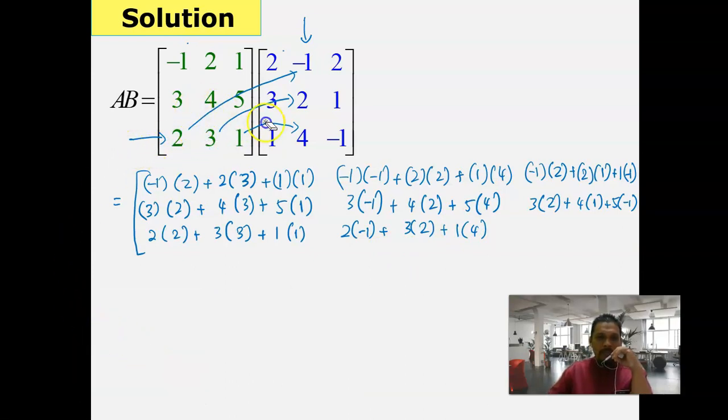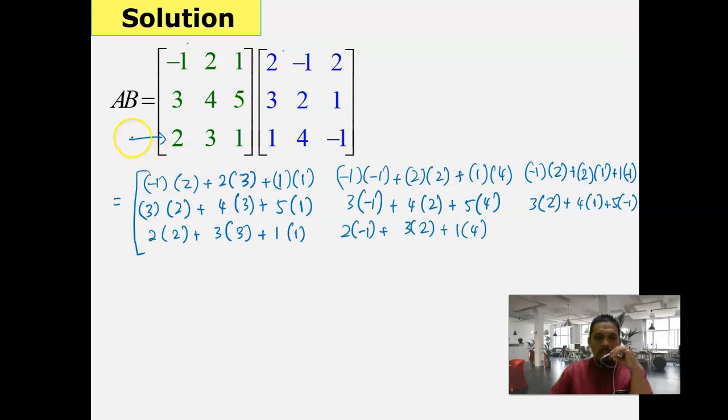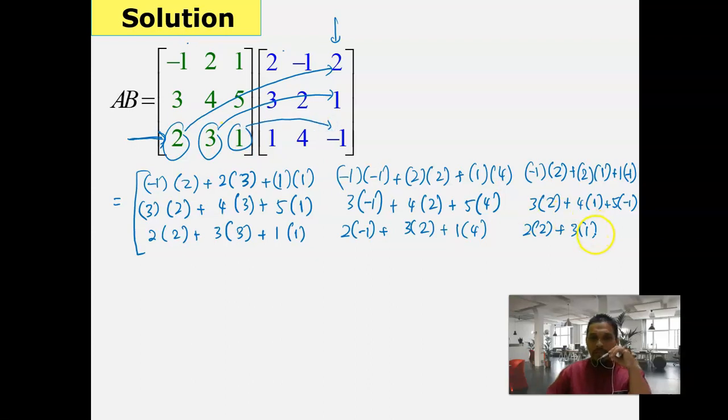And then it's time now for the element in row 3 of matrix A with column 3 of matrix B. So first 2 times 2, then 3 times 1, and 1 multiplied with negative 1. Okay.